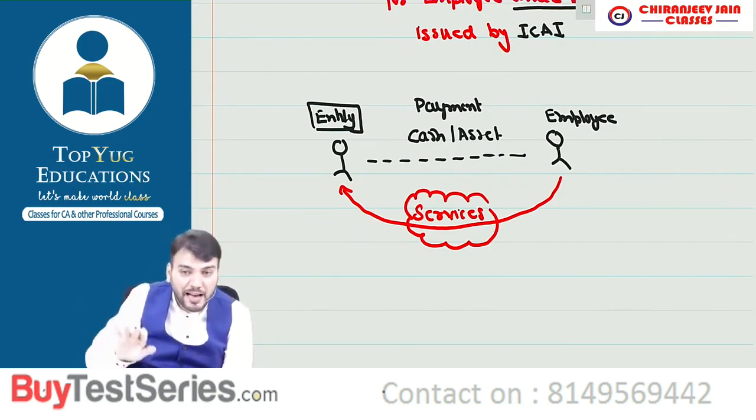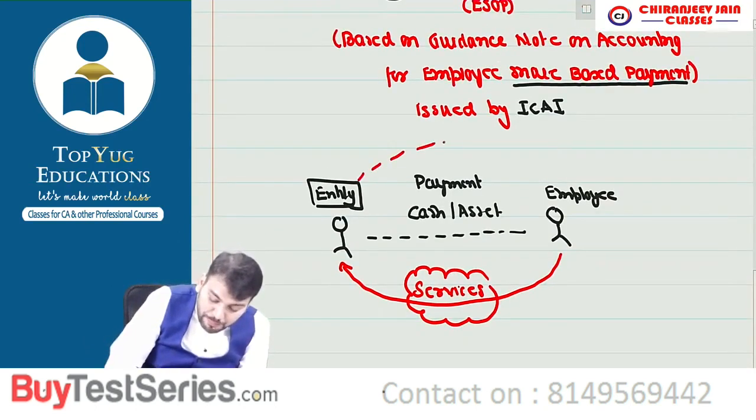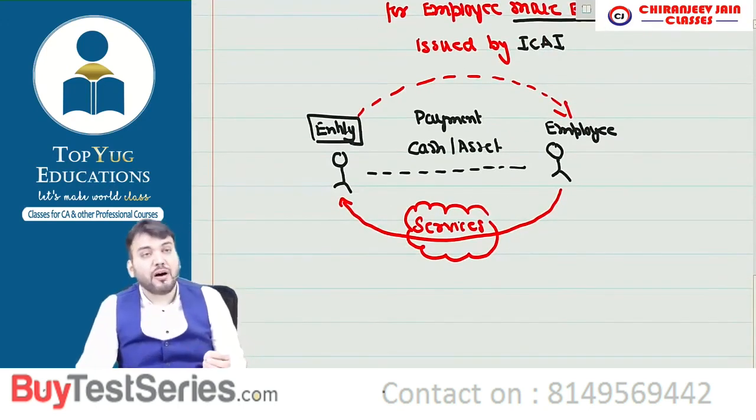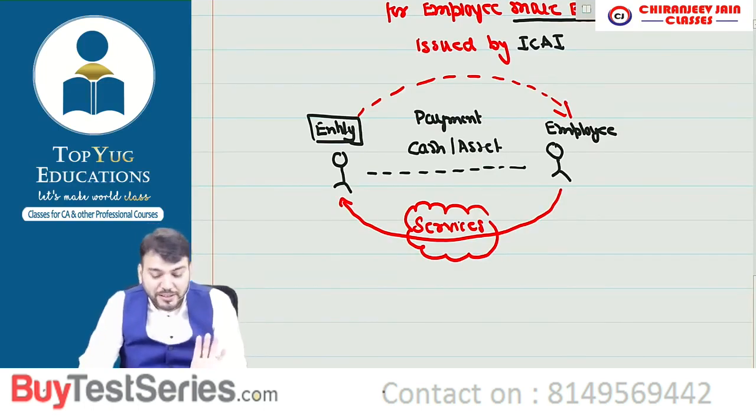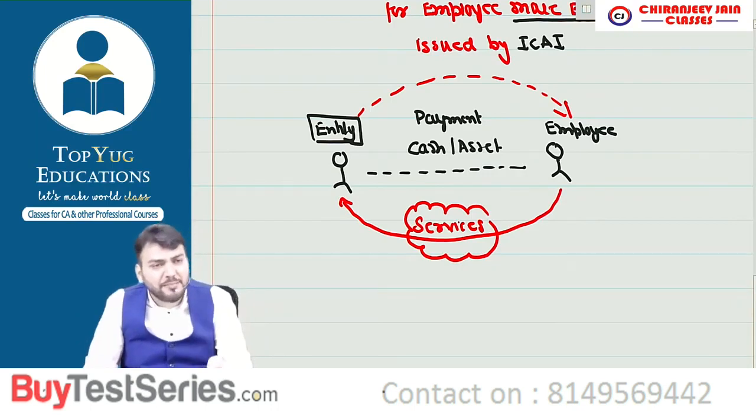So this is payment in the form of cash or asset, and this is not covered in this chapter. It is as simple as payment of salary or wages to an employee or any perquisite. You have done the Income Tax Act, you know the word perquisite, so the payment of that is not covered in this chapter.